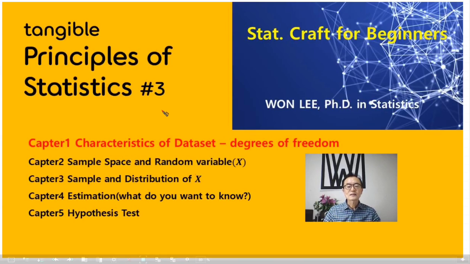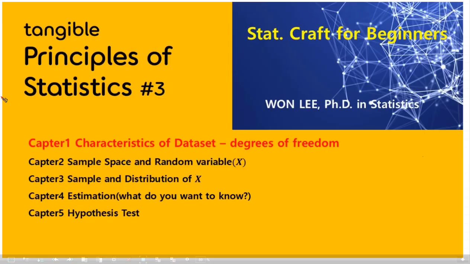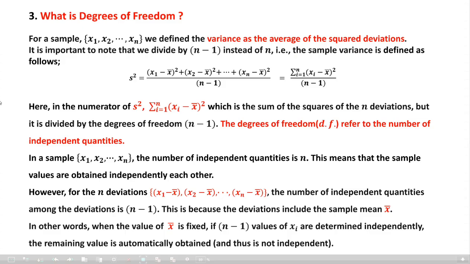When we get a data set, we want to know the dispersion degree, how widely or narrowly spread the data set is. So we get the sample variance.